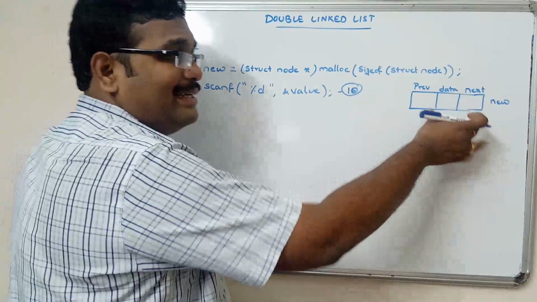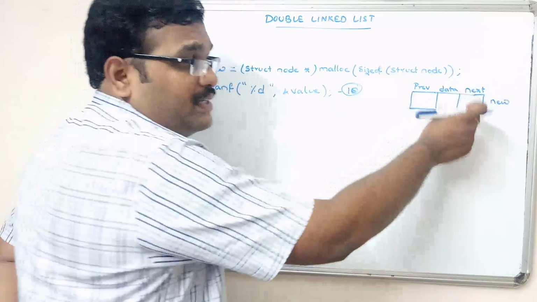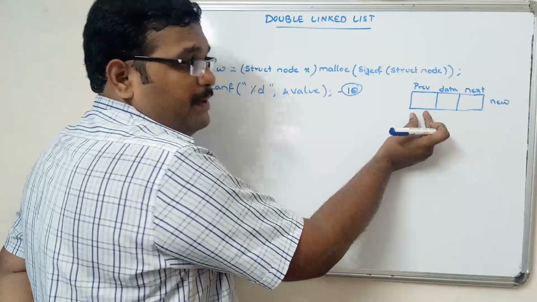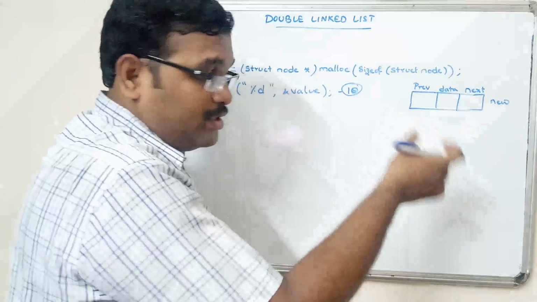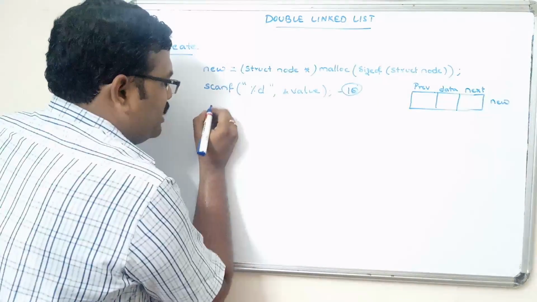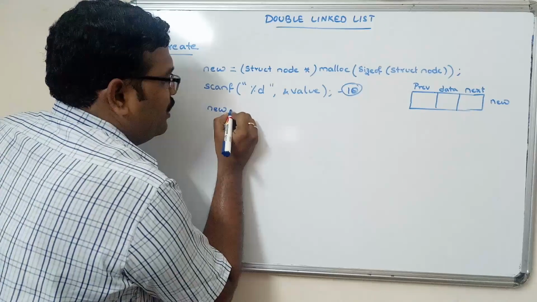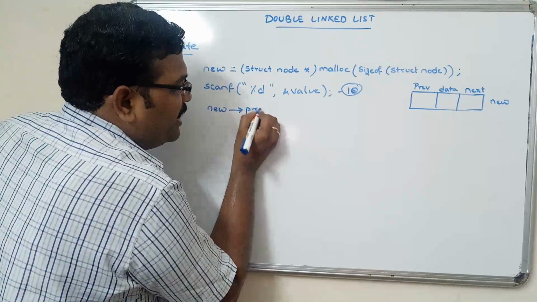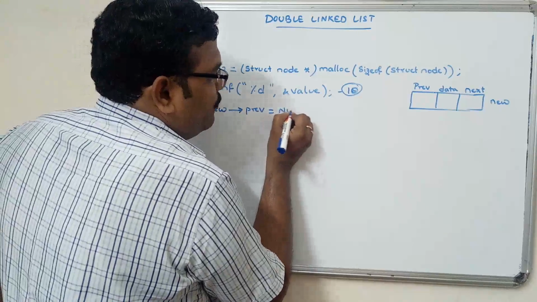It is the first element, so the previous will be null and next will be null because only one element is there. So we can simply write new of previous is equal to null.